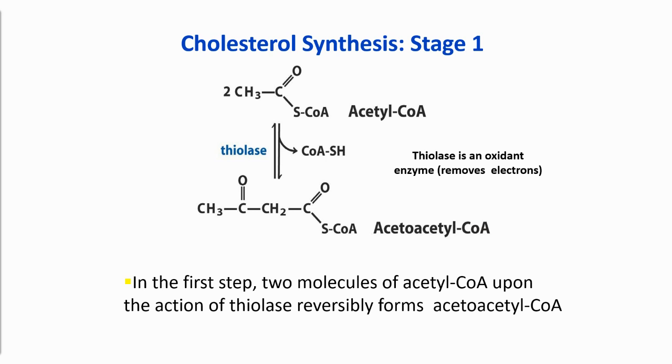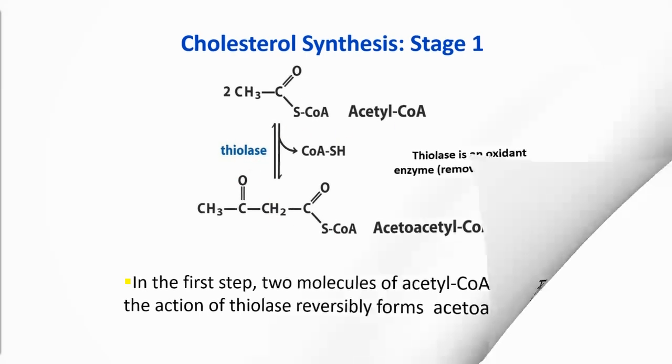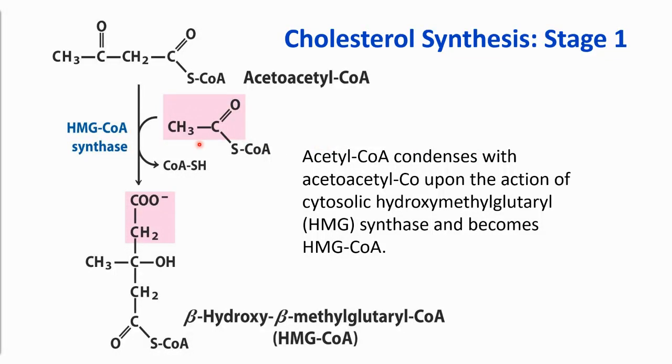Yun nga lang, there is some sort of regulation there, which we'll go through later on. Okay? So yan. So your first step is to form acetoacetyl coenzyme A using the same enzyme, thiolase. Now, although this is still showing almost the same part of ketogenesis. Okay, so di ba acetyl coenzyme A to form beta-hydroxy-beta-methylglutaryl coenzyme A.